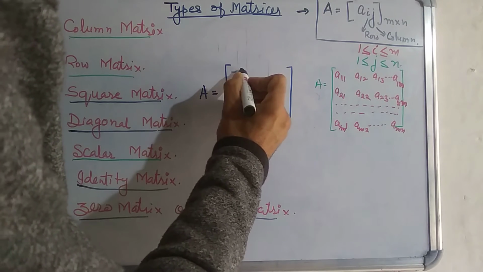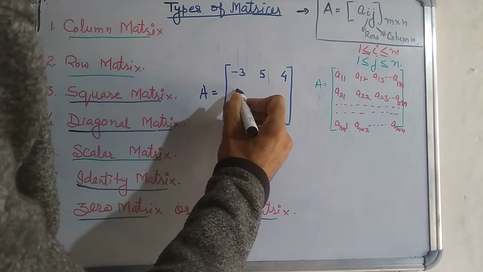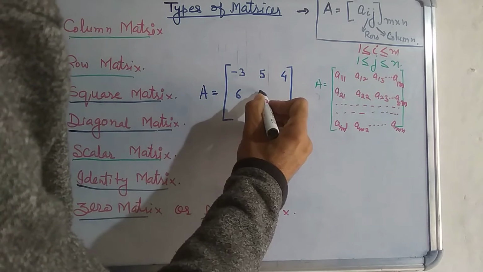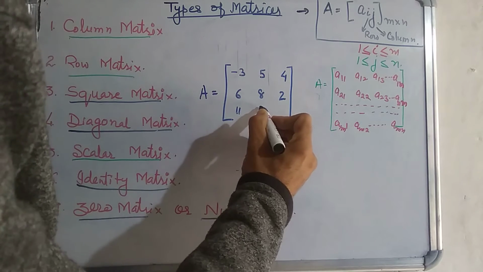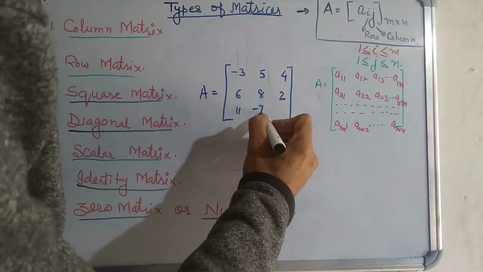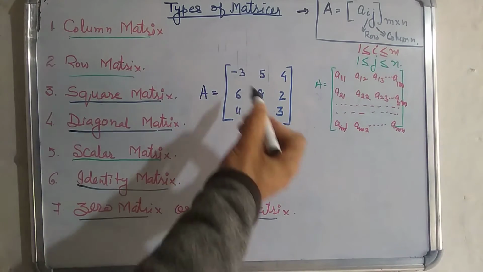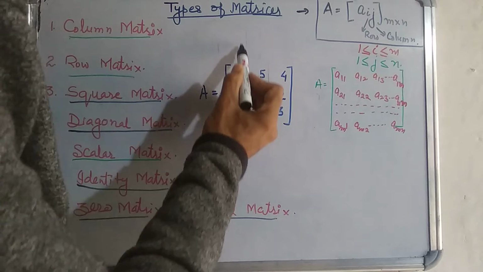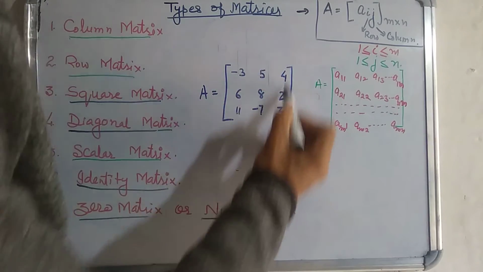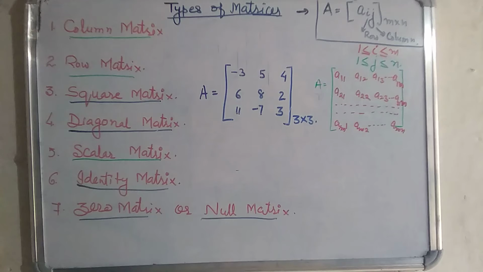See, minus 3, 5, 4, 6, 8, 2, 11, minus 7, 3. See here, there are 3 rows 1, 2, 3 and columns 1, 2, 3. So the order is 3 by 3.